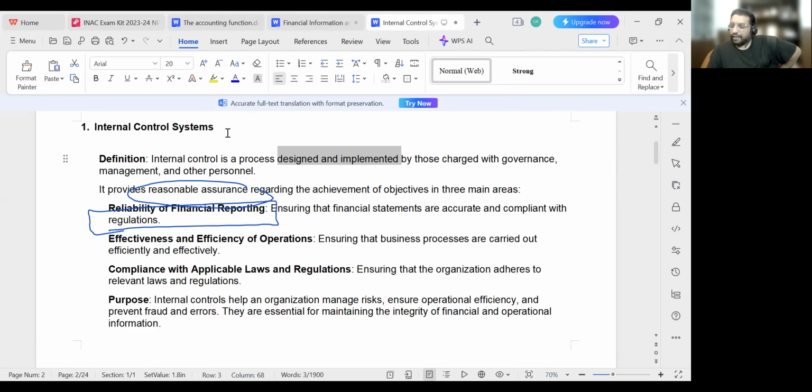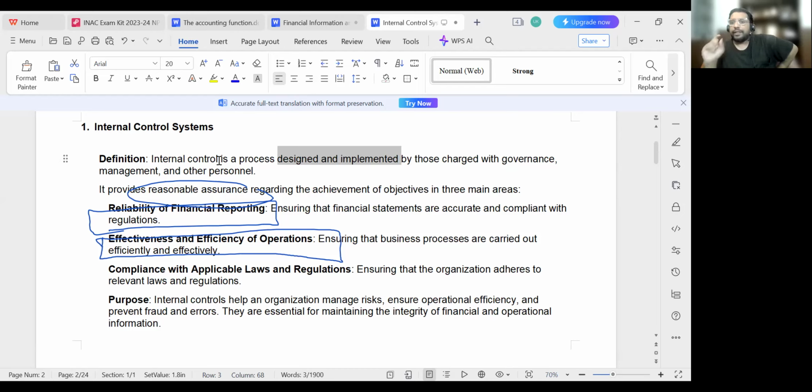Then effectiveness and efficiency of operations. Okay? So if you have good internal control systems, it means you have fewer errors and frauds, which means your company is working effectively and with efficiency. It also represents compliance with applicable laws and regulations.